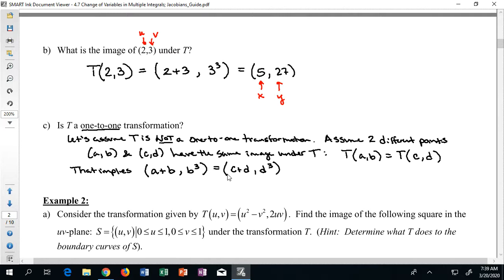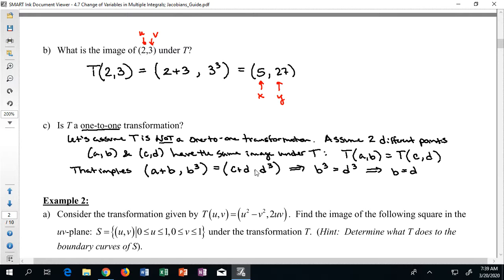Like these two points would have to be the same because these would be the X, Y's that result. But I could then see that the only way these two points could be the same is if b cubed and d cubed ended up being the same number. If these things don't have the same Y component, how could they be the same? But if these things are going to be the same, there's no option except to let b and d actually be the same number.